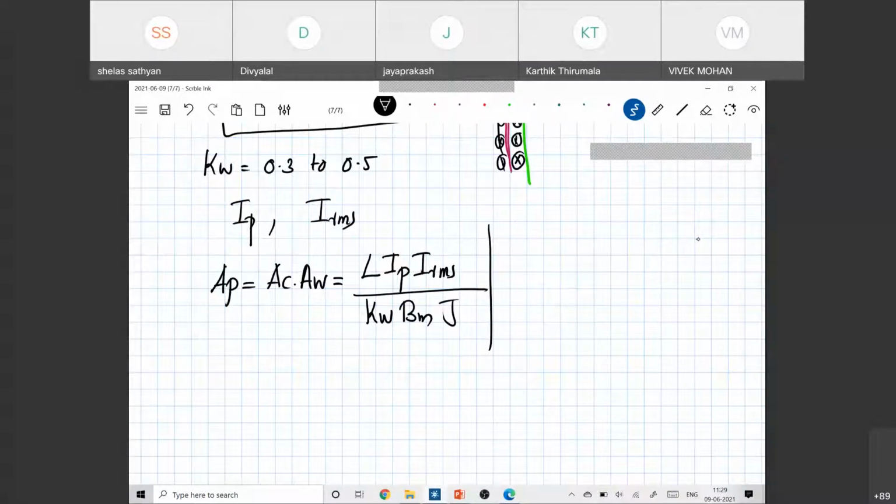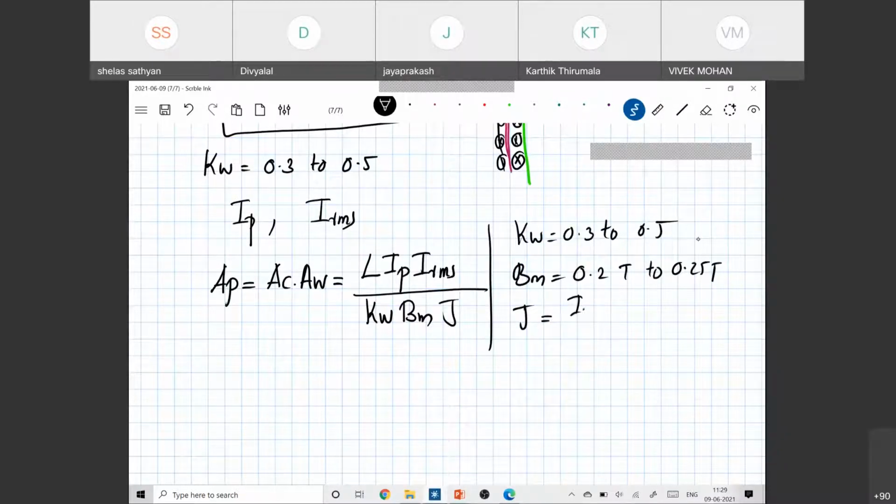Usually the KW is in the range of 0.3 to 0.5 and BM we already chose around the range of 0.2 Tesla to 0.25 Tesla for a ferrite core. And J is the current density. Current density is in terms of the RMS value of the current, right? I RMS divided by the area of your conductor.